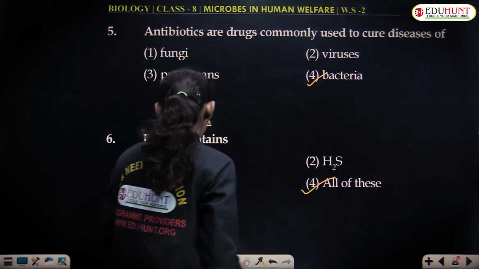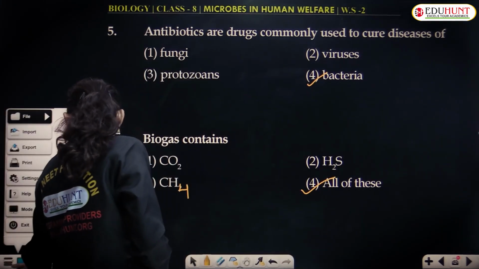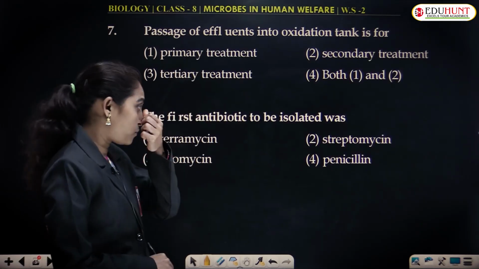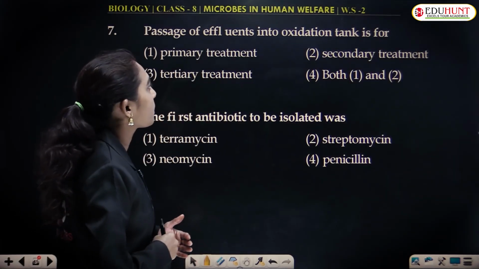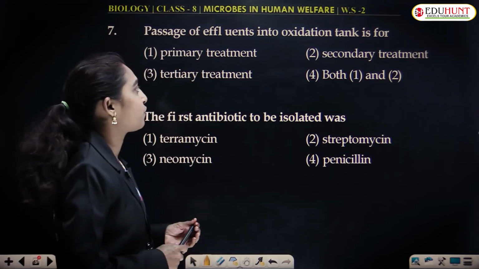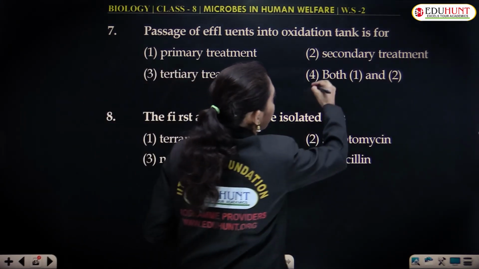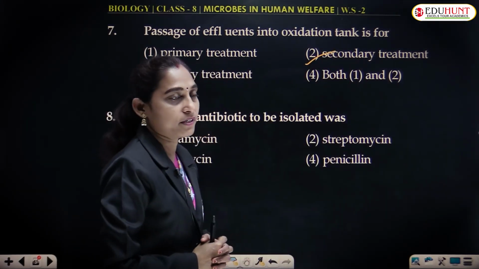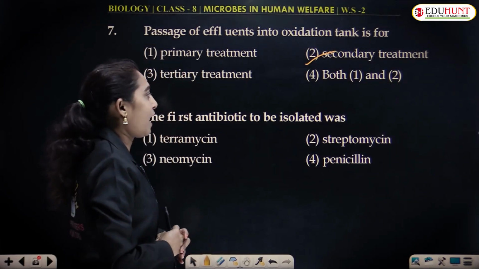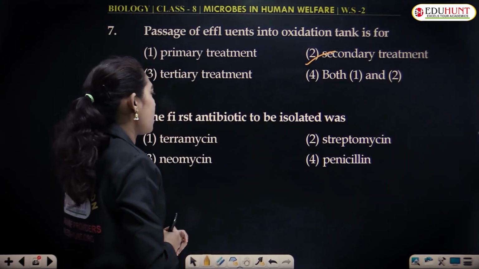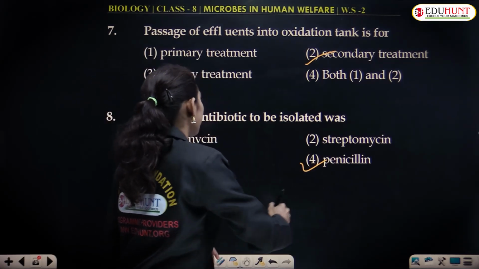So all of these is the correct option. Passage of effluents into the oxidation tank is for secondary treatment. And the first antibiotic to be isolated was penicillin.